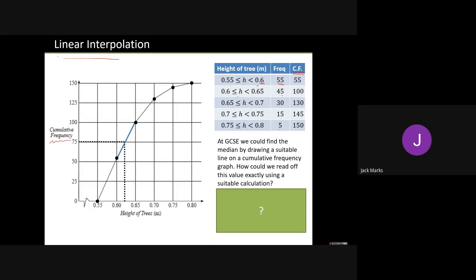The next one, you plot the endpoint 0.65, which is up here, and you plot the cumulative frequency, which goes up to 100. And what we're going to do is investigate things like, as you see, if there's 150 pieces of data, perhaps the 75th piece of data. So this is sort of halfway, isn't it?